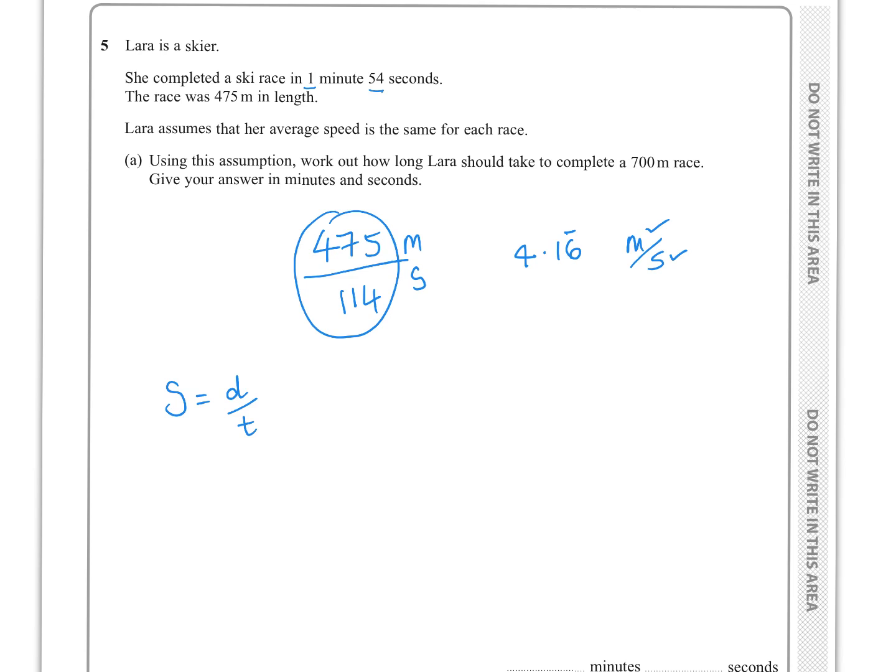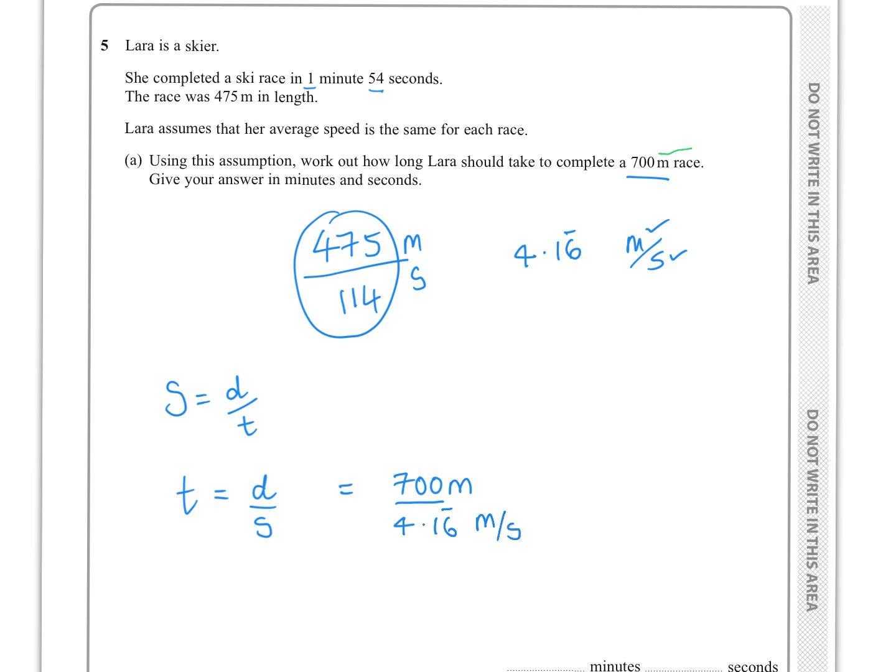And so if we want to work out the time, then we can rearrange that, and time becomes distance over speed. Now the distance we have is 700 metres. And the speed we've already got from before, because we're assuming that's the same. And that's 4.16 recurring metres per second.